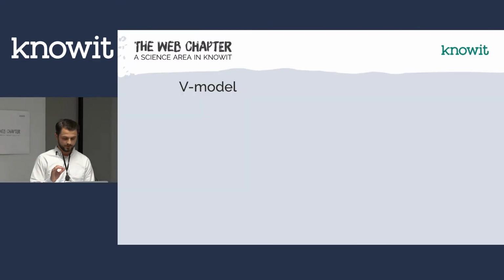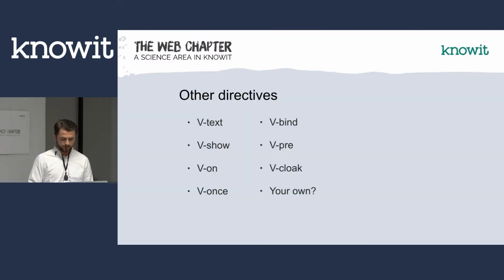Let's go back to some other directives. As I talked about, v-text binds text to data properties. v-show toggles the element display CSS property, based on the truthiness of the expression value, so if it's hidden or not, for example. v-on is used to listen to DOM events, so you can add click events or different event listeners to an element.